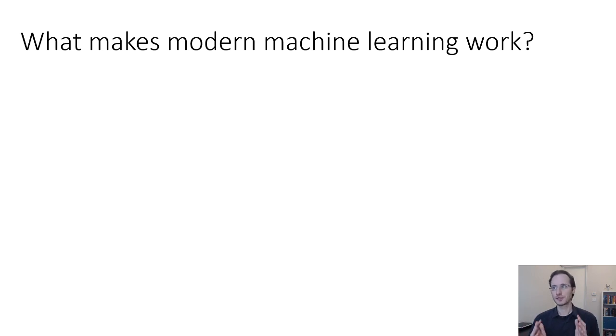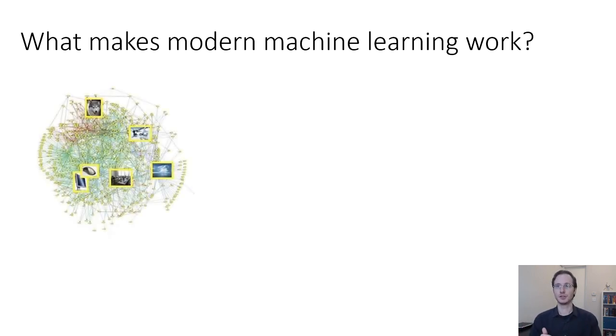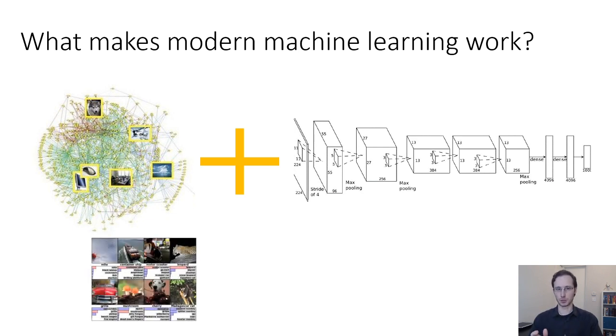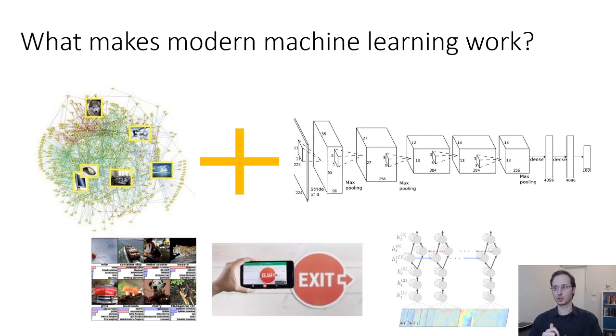I think that what makes machine learning work today is really the combination of large and highly diverse data sets and large and high-capacity models. And what we've seen time and time again is that across a range of domains, from image recognition to machine translation to text recognition and speech recognition, this kind of formula seems to be the formula that leads to good results.